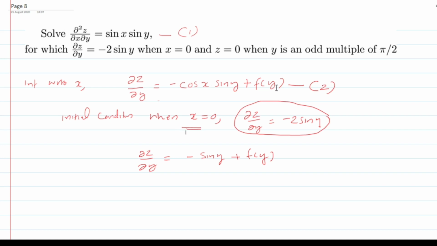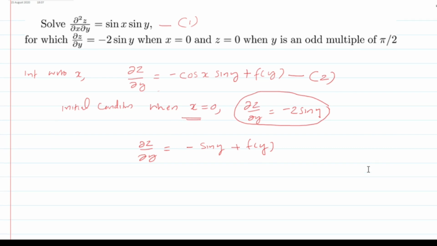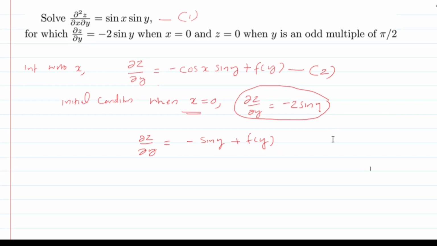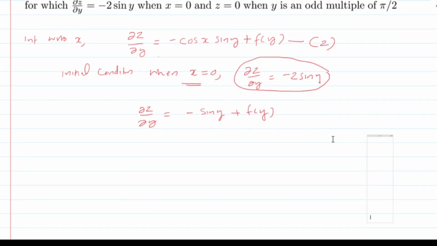So instead of ∂z/∂y we put -2 sin y. That is -2 sin y = -sin y + f(y), which implies f(y) = -sin y.